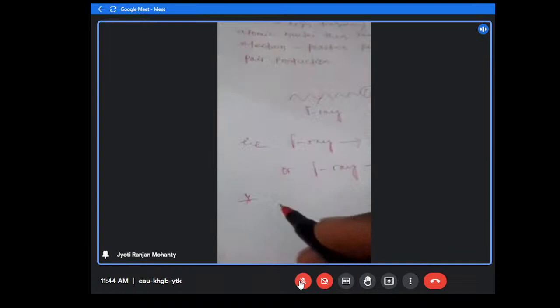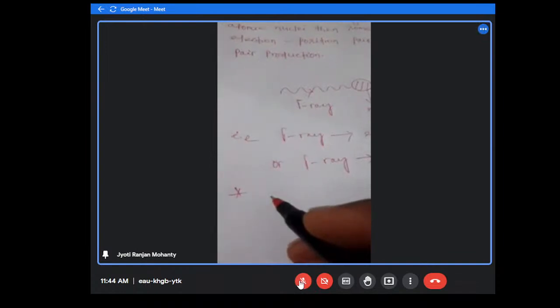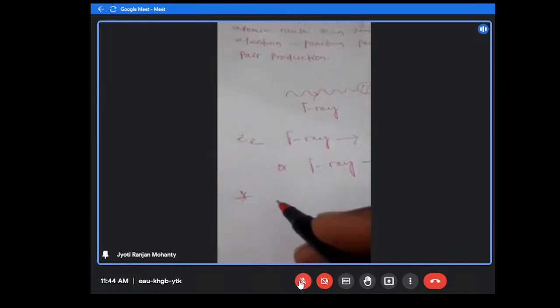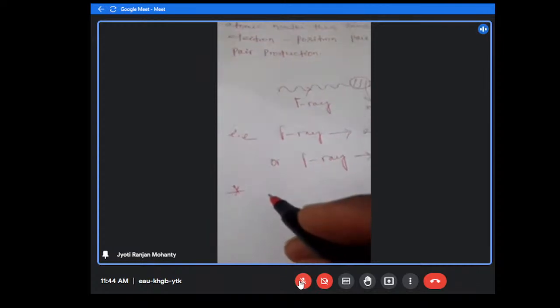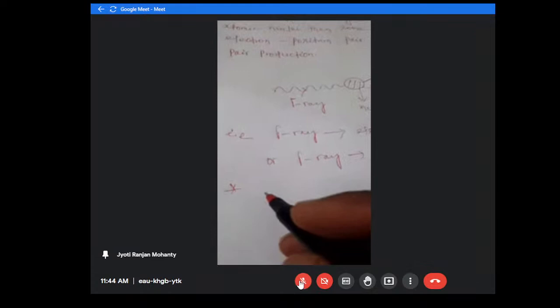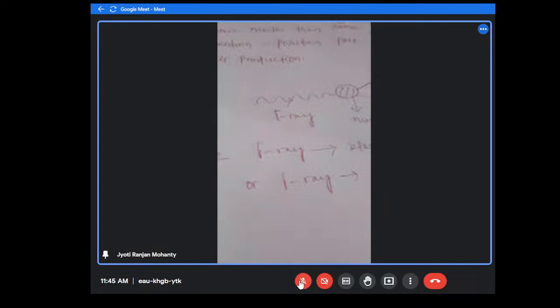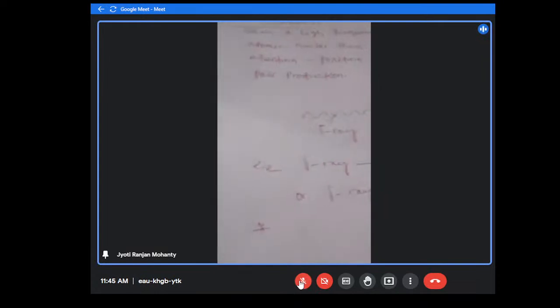One question was asked: in pair production, conservation of dash and dash occurs. What will be your answer? Conservation of energy and momentum. Very good. Everybody, you have to remember, underline conservation of energy and momentum.